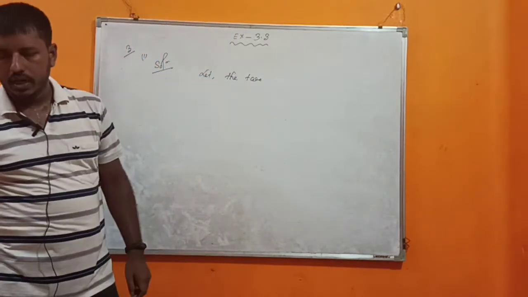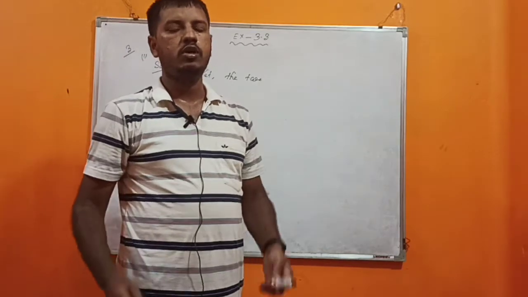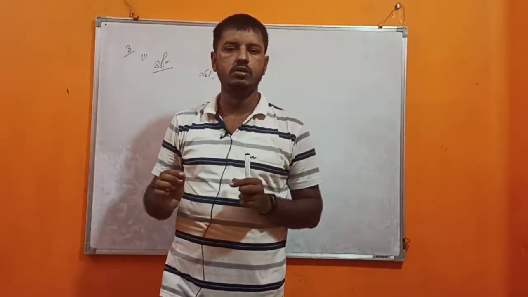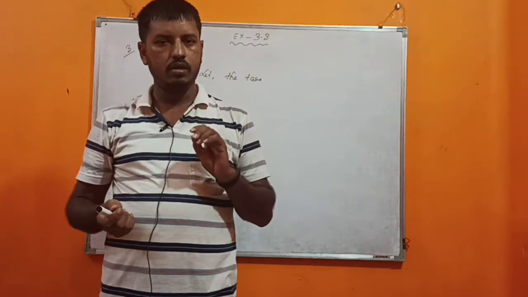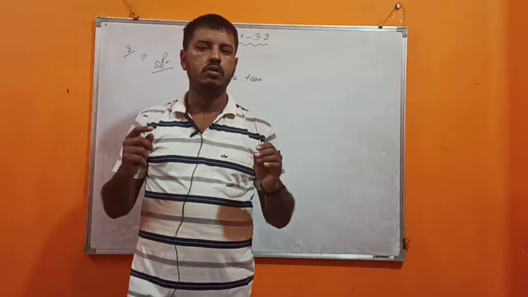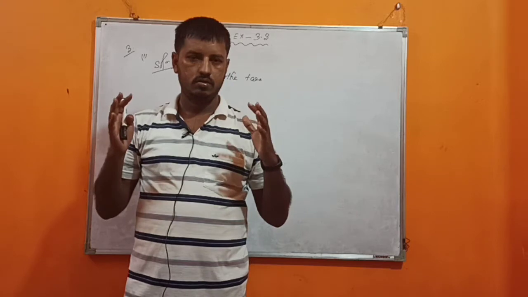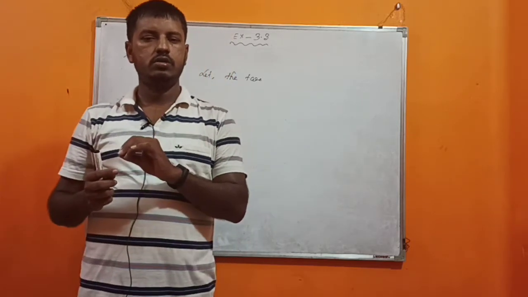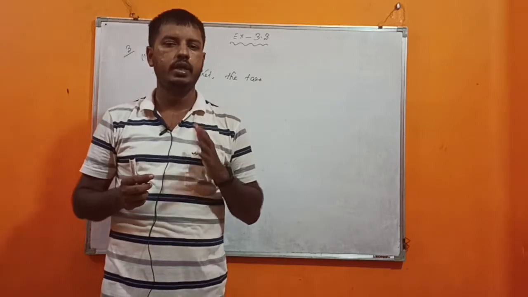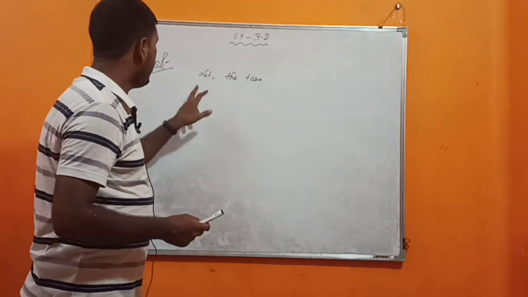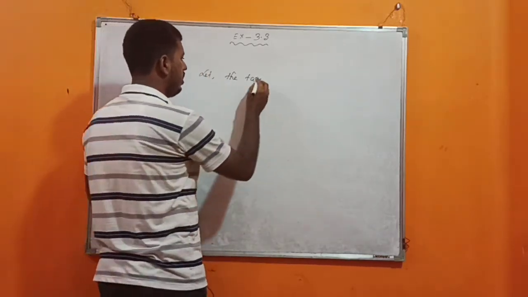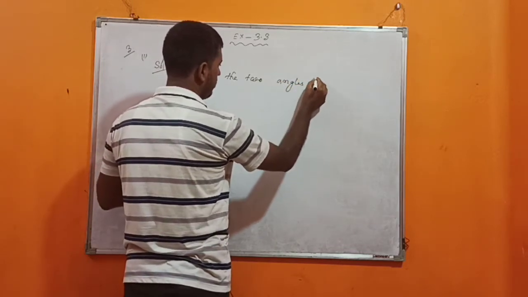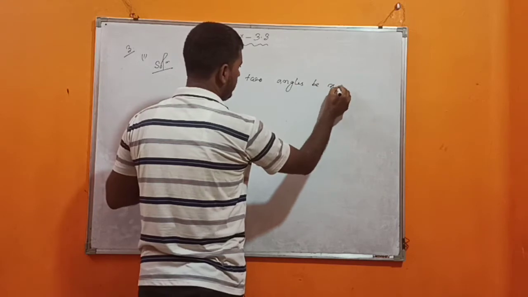Now, as I have told you in the first question, we will have to consider the two angles as x and y, because in the questions given in number 3, we have to express the conditions, the criteria given in the questions, in the form of two linear equations. Okay, so I am taking, let the two angles be x and y.